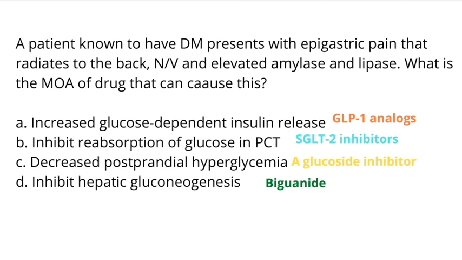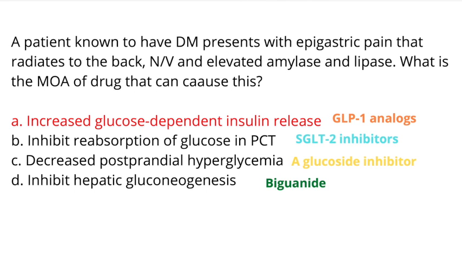And the answer here is option A, the GLP-1 analogs. So it's very important that you know that GLP analogs can cause nausea, vomiting, weight loss, and pancreatitis. Extremely high yield.